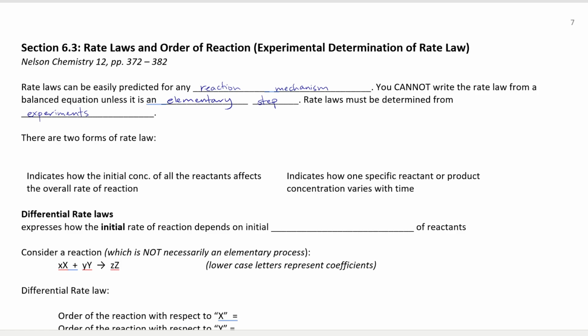There are two forms of the rate law. The first form of the rate law is called the differential rate law, and it indicates how the initial concentration of all the reactants affects the overall rate of reaction. There is also something called the integrated rate law.